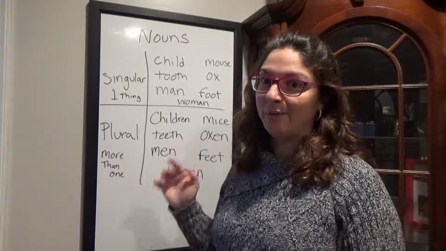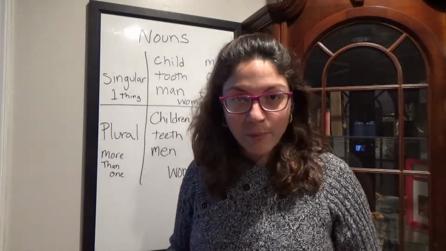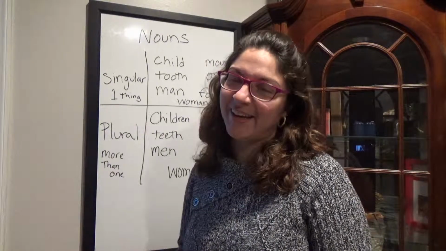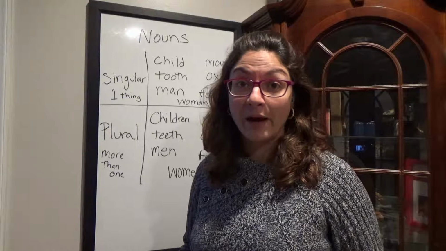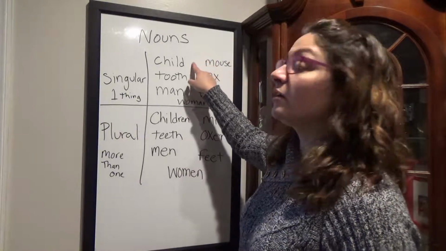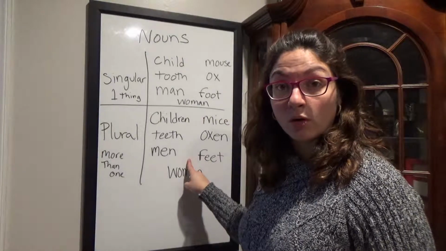Here are some exceptions because English is hard. So why not make it a little bit more difficult, right? Just kidding. These are just some rules that we have to remember and they will help us when we write our sentences. Singular forms of some nouns have different forms as a plural.